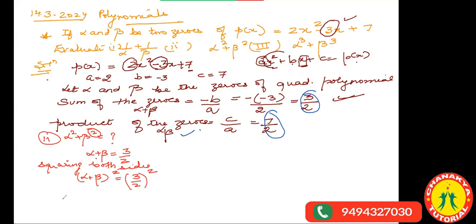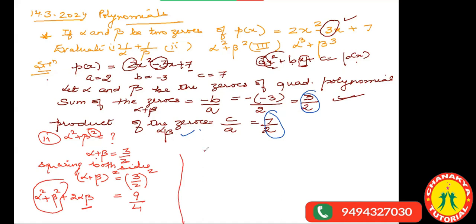Aman, tell me this identity: alpha plus beta whole square. Ma'am, a square plus 2ab plus b square. Yes. Alpha square plus beta square plus 2 alpha beta will be equal to 3 square is 9 and 2 square is 4. Now children, we have to evaluate alpha square plus beta square, so we will put the value of 2 alpha beta.